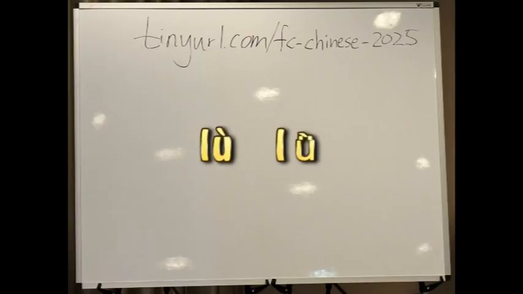So let's say this is U, so pronounce lu. Lu. Okay. And this with two dots at the top would pronounce lü.